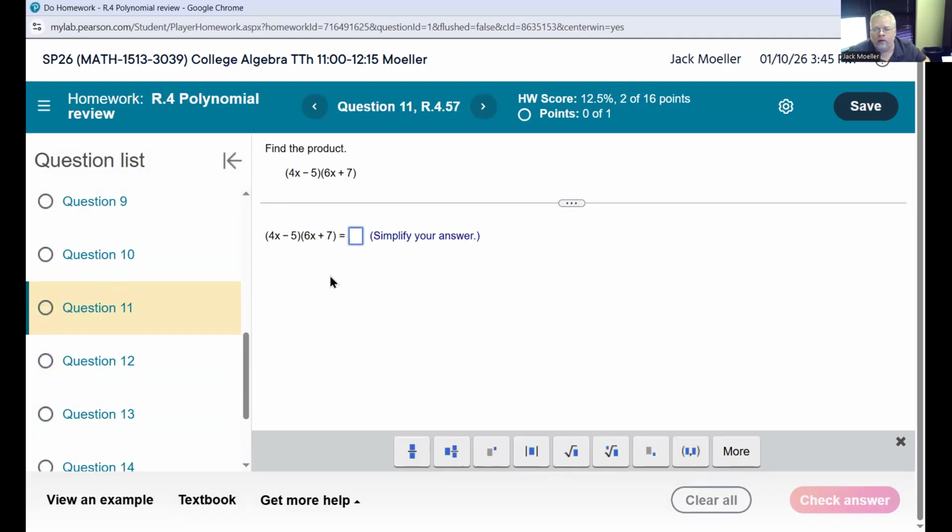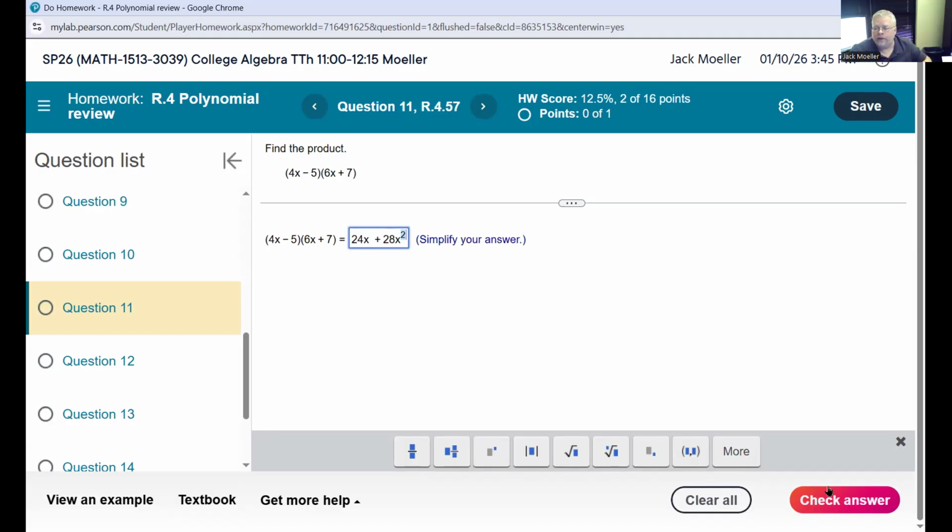Notice that as soon as you click on the answer box, the button palette down here highlights. So I want to do 24x. Again, I'm just doing this wrong, just to get an answer. What's 28x? Just random stuff.